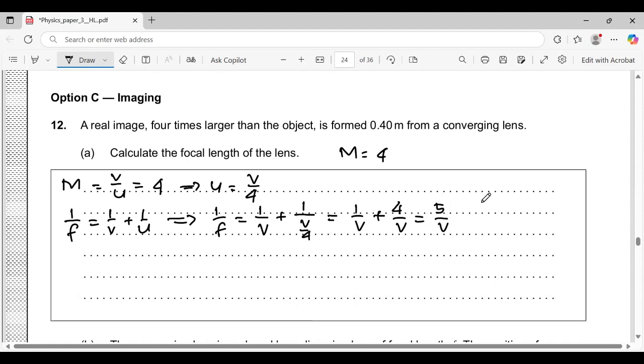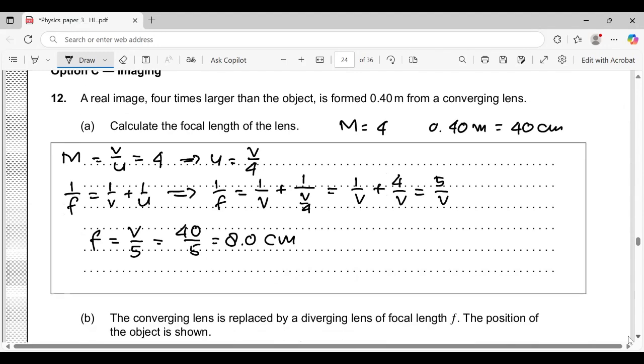So 1 over f is equal to 5 over v. So we can state that f equals v over 5, and v is 40, because 0.40 meters is 40 centimeters. So it's going to be 40 over 5. It is 8.0 centimeters.